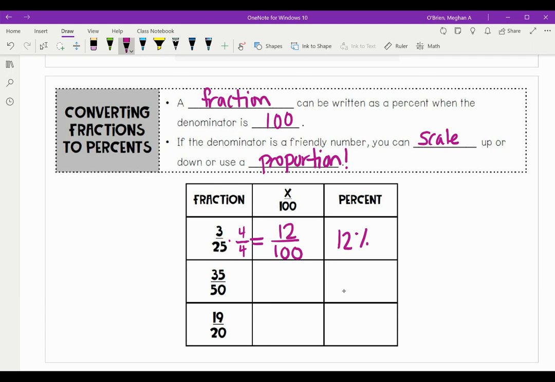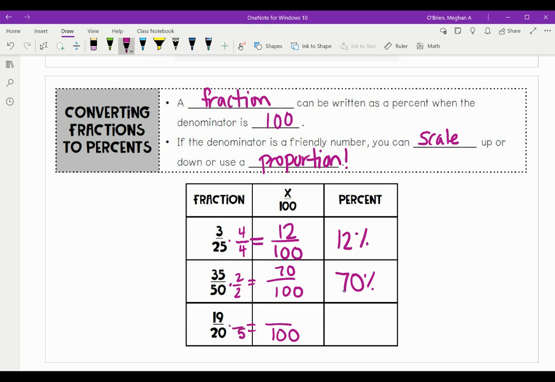So 12 100ths is the same as 12%. Let's try the next one. I'm going to scale this up to 100. 50 times 2 is 100. So I will do 35 times 2 for the numerator, and that gives me 70. So 70 100ths is the same as 70%. And then this last one, 19 20ths, I want to set up this proportion of these two equivalent fractions. 20 times 5 is 100.